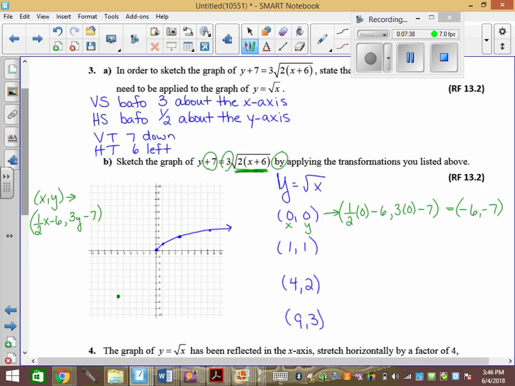Then I do my next point, plugging it into mapping. 1/2 times 1 minus 6, and then 3 times 1 minus 7. So 1/2 times 1 is a half, minus 6 is −5.5. And then 3 minus 7 is −4.